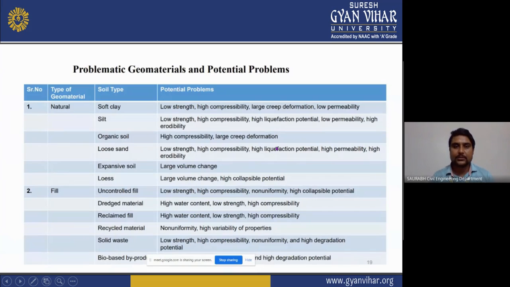Now come to the next point. What are the problematic geometries and potential problems? First is the type of geometry and soil type. As you can see, what is the potential problem?